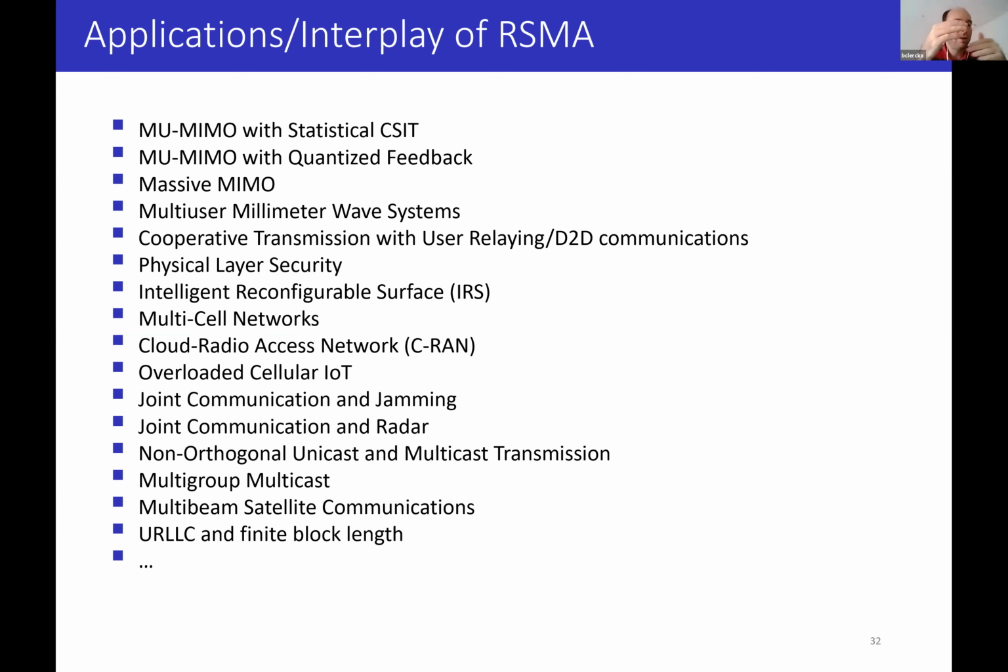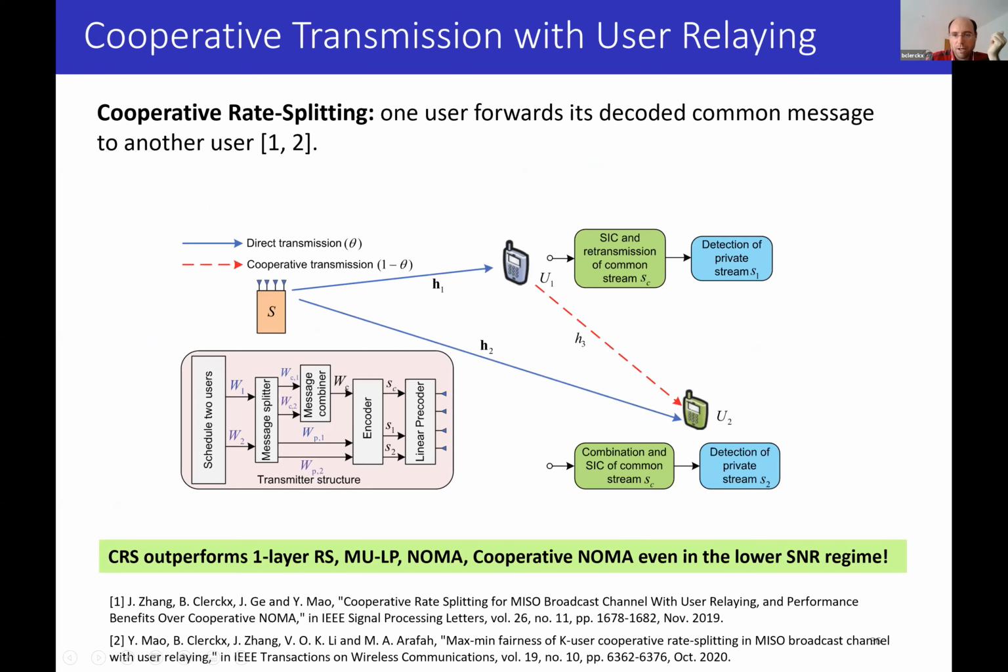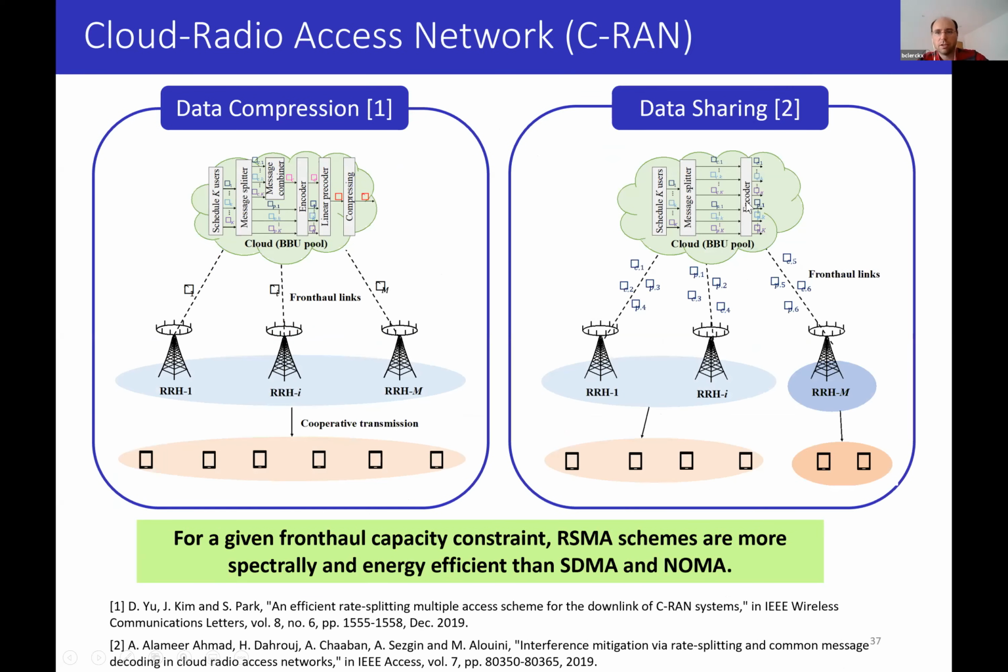But nevertheless, you have some scheduling that comes into play when you decide which user to schedule and so on, and whether you split the message or not. But going all the way up to the routing, I'm not sure. There might be, for instance, in the CRAN case that I mentioned. Here you see that in this example, you have some of the streams, common or private streams.